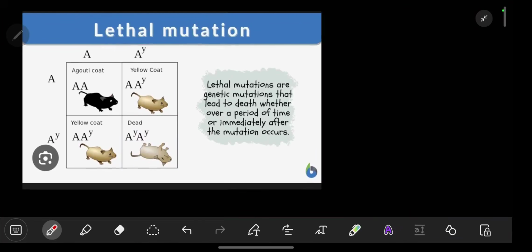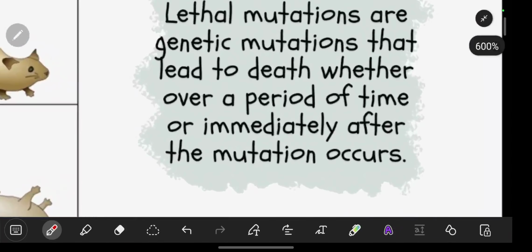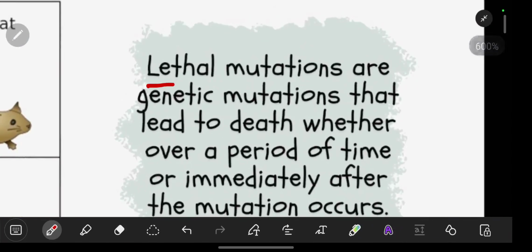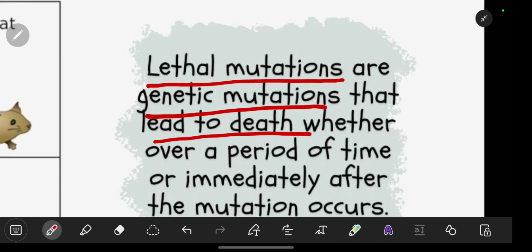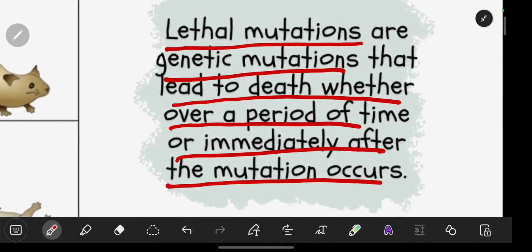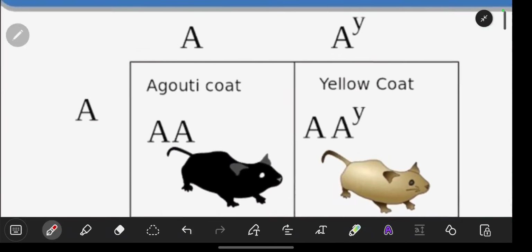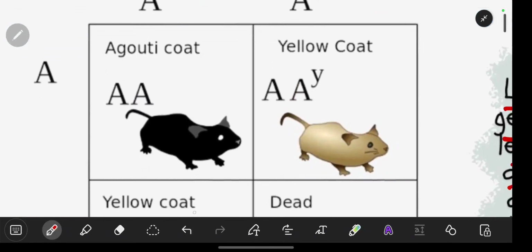So for example, if you have this rat, lethal mutations are genetic mutations that lead to death, whether over a period of time or immediately after the mutation. Now if you look at this, this is the rat, normal rat, which is AA, without the recessive gene.